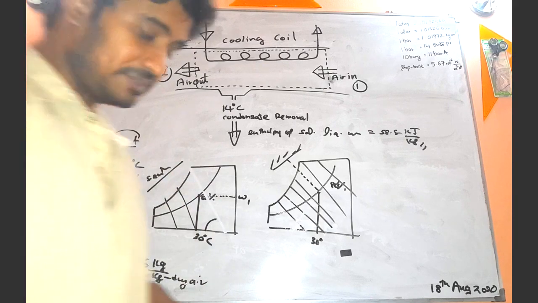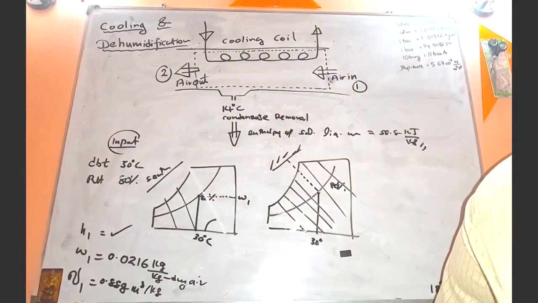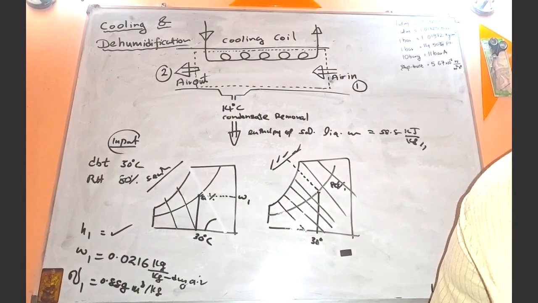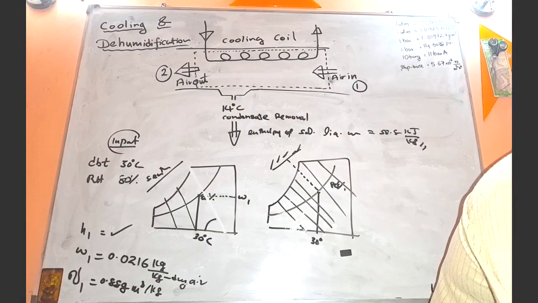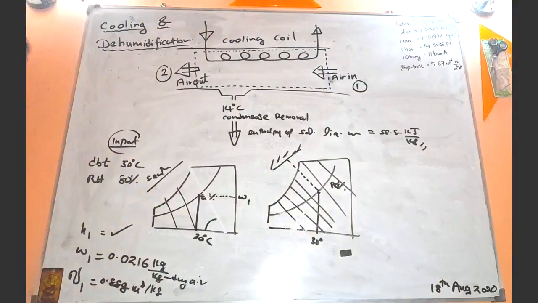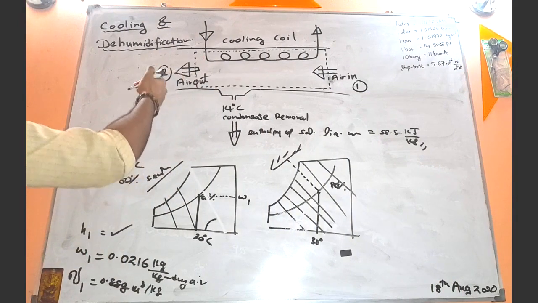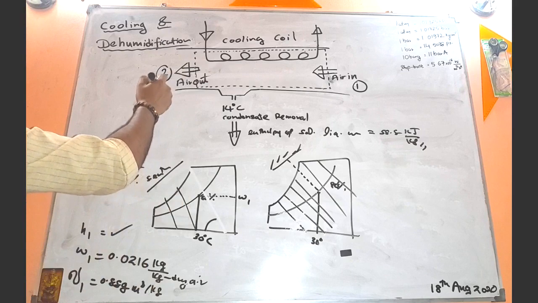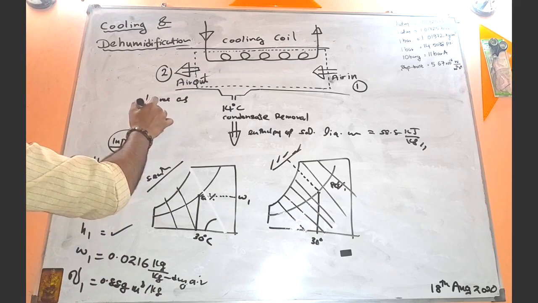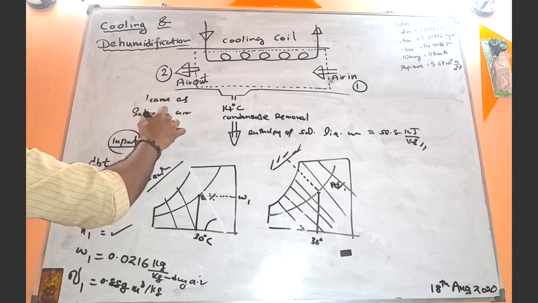Now again, read the problem very carefully. In this problem it is clearly mentioned that it leaves as saturated air at 14 degrees Celsius. Again, be very careful. So if I'm going to consider the exit, position number 2, it leaves as saturated air at 14 degrees Celsius.